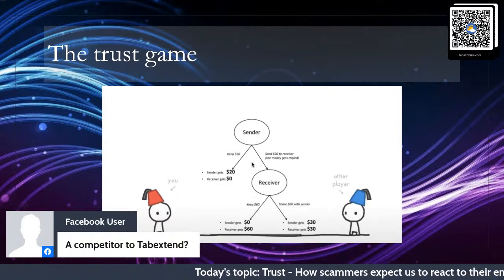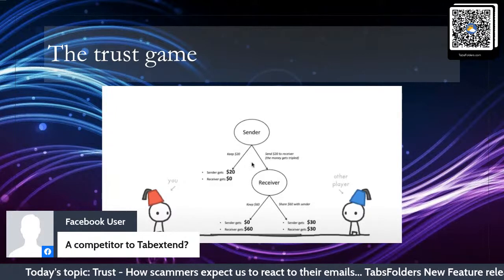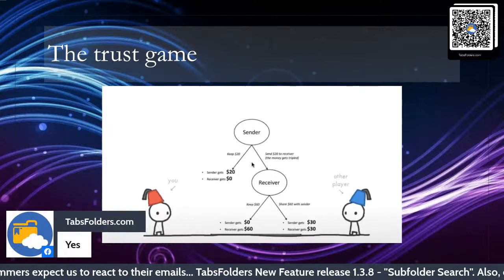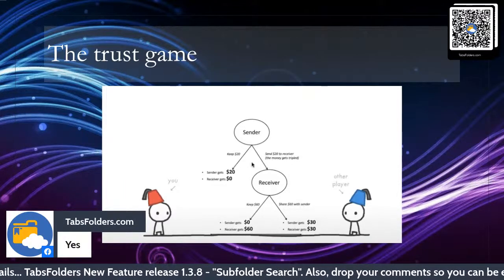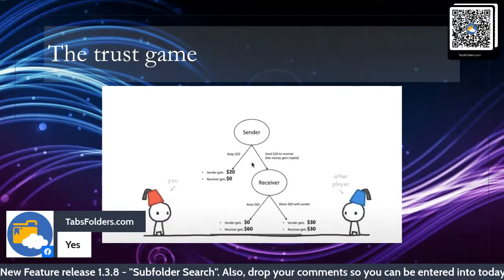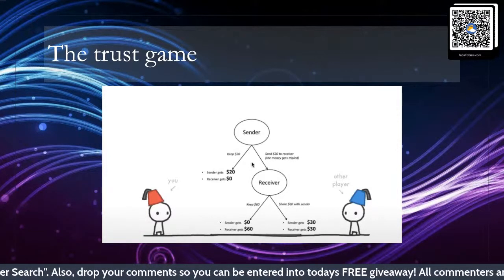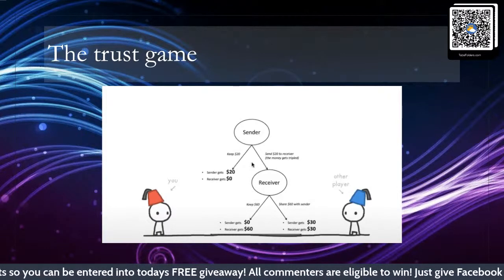The game is that you have $20, and you can either keep that $20, and the receiver gets zero, or you send $20 to the receiver, and the receiver then gets $60 as per the game.